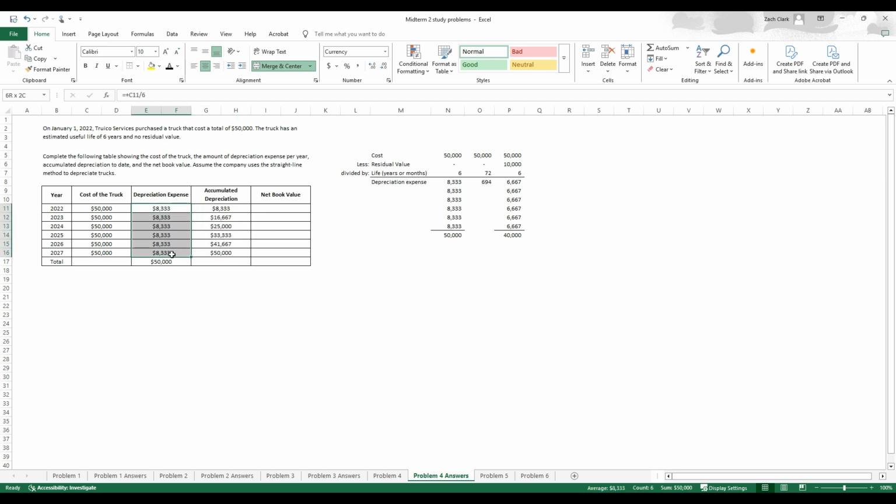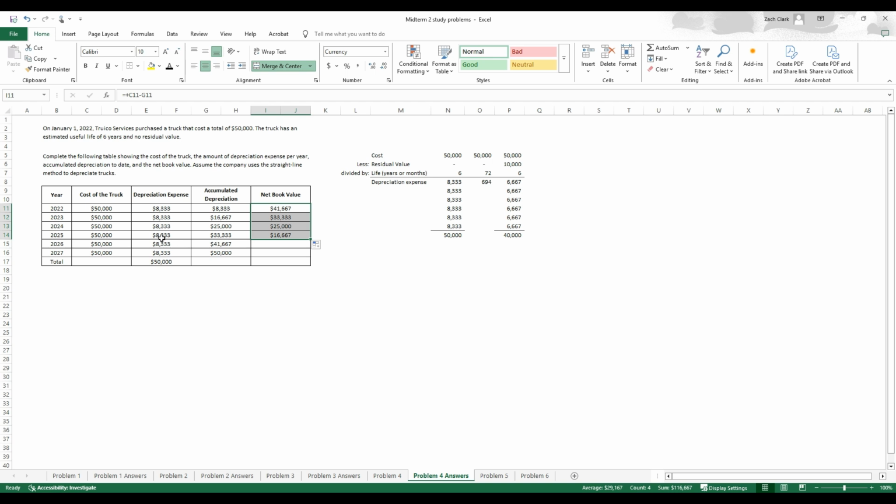You would sum the depreciation expense to get a total over the life, but that would also be reflected in the additive accumulation in the accumulated depreciation account. Okay. And then for our net book value, this is what we were talking about with the ending residual values. We just take the cost minus the accumulated depreciation, and that gets us our net book value over the life of the asset.